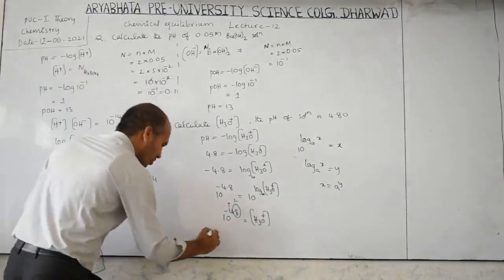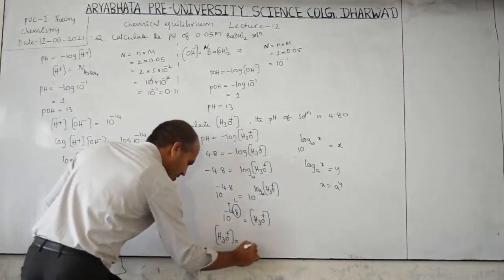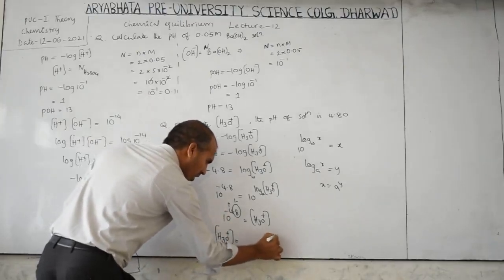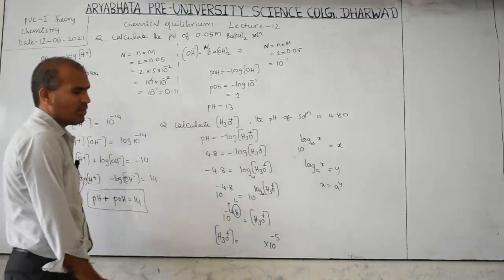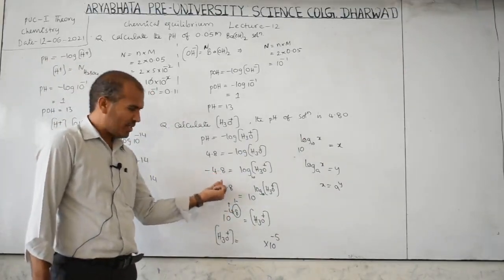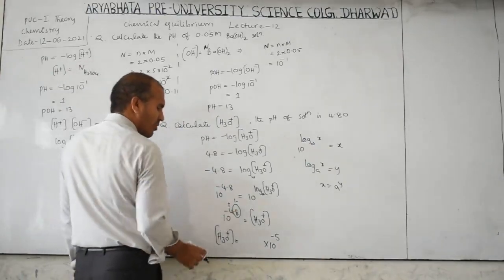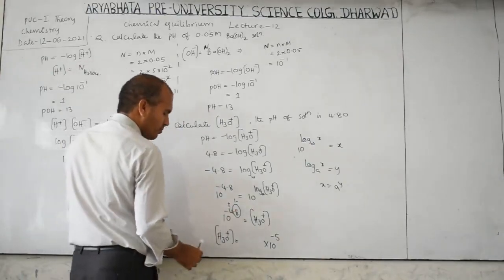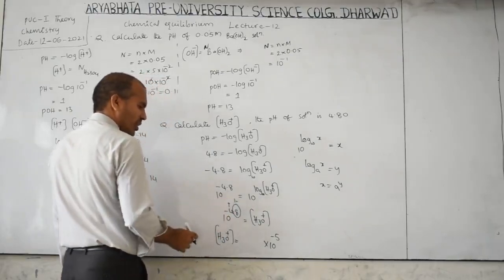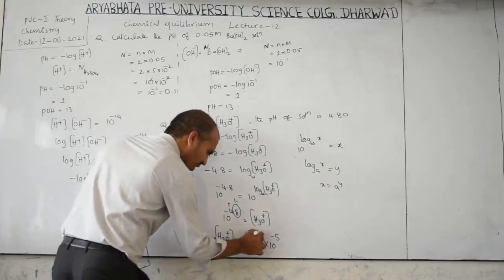Therefore H3O plus ion concentration is 10 power minus 5, and this 0.8 is subtracted from 1, which is 0.2. For this 0.2 you have to find the anti-log.